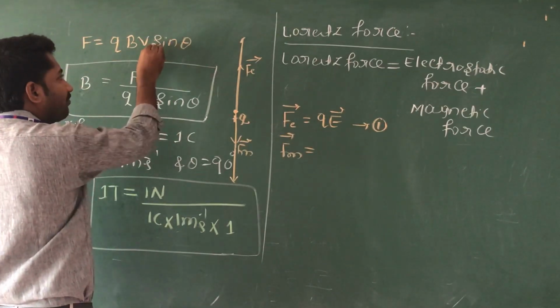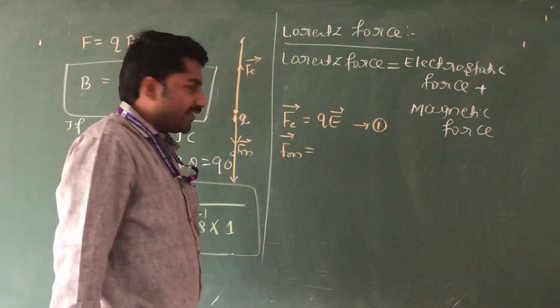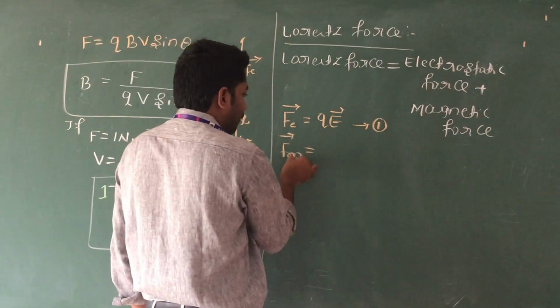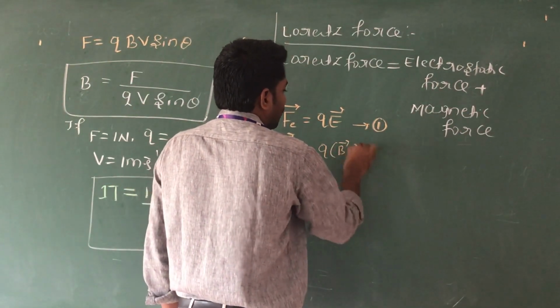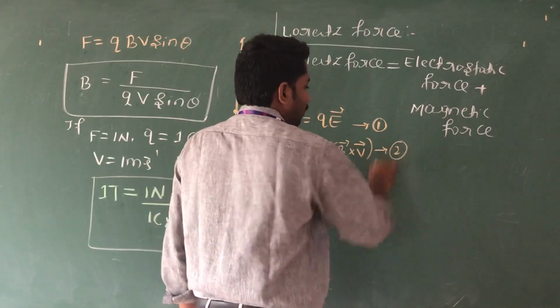With vector quantities, we get magnetic force Fm is equal to Q into vector B cross vector V. This is equation number 2.